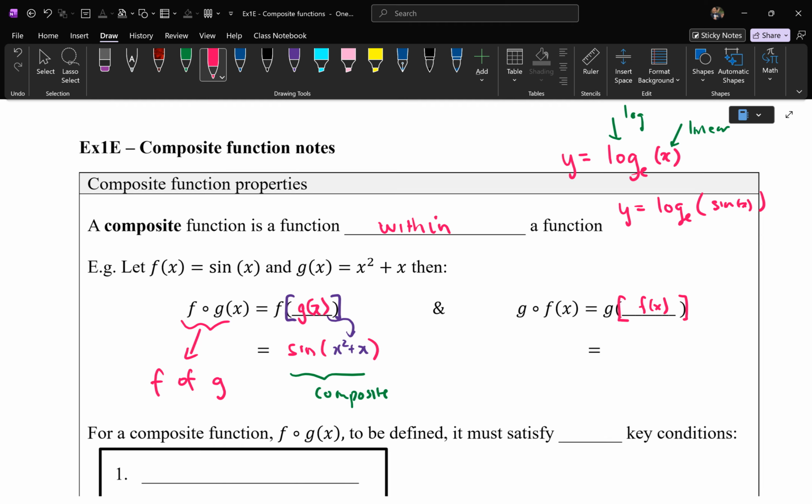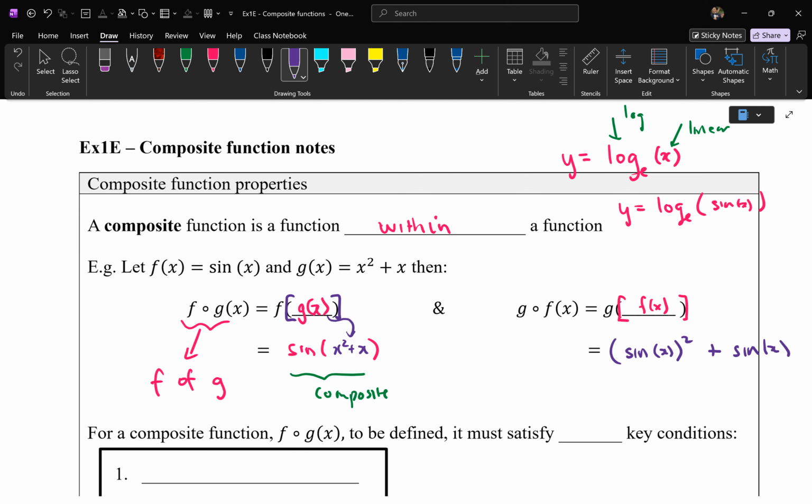Inside it, I'm going to replace all the x's with f of x. What is f of x? Sine of x. So if I wrote it again, the first one is x squared. So instead of x squared, I now have sine of x all squared, plus x again, and I'm going to replace that with f of x. So it ends up being sine of x.